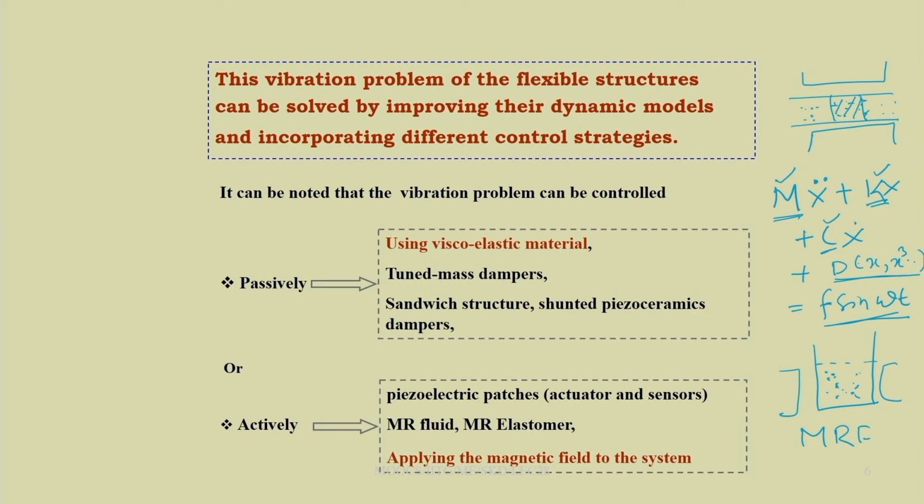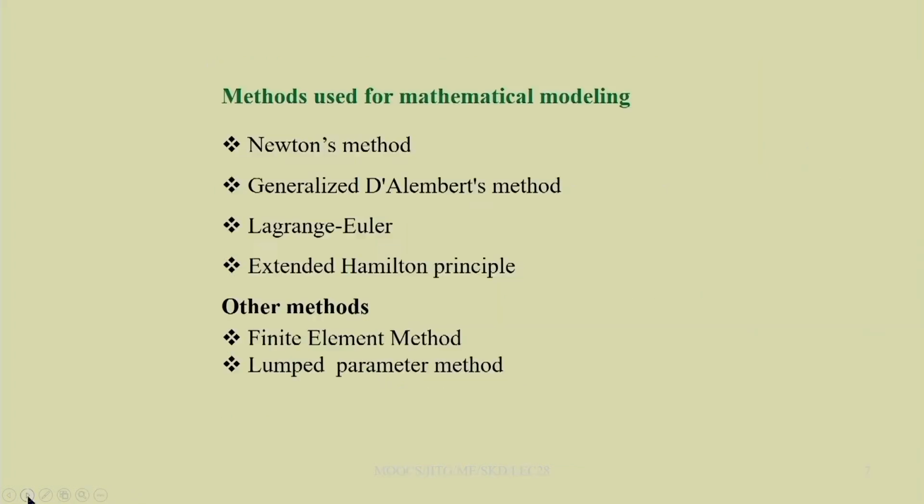Similarly, by using the sandwich structure, piezoelectric material, or other smart materials like shape memory alloy, we can change the property of the system. Similarly, actively, using piezoelectric actuators and sensors, MR fluid, MR elastomer, and applying a magnetic field to the system, we can control this vibration.